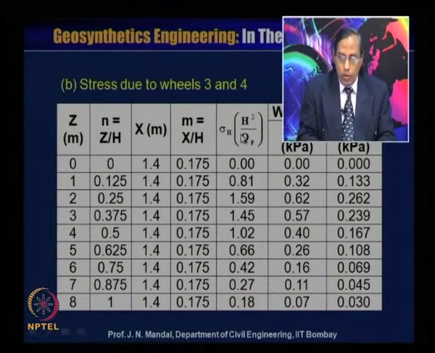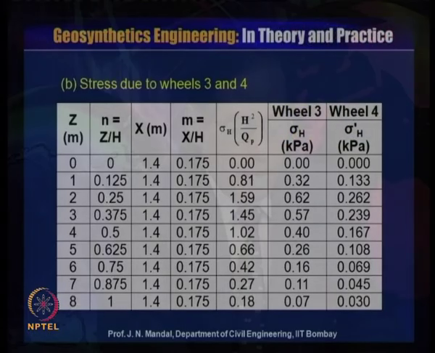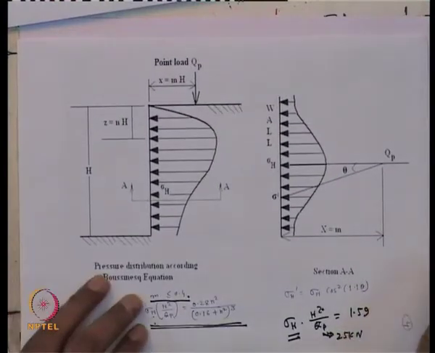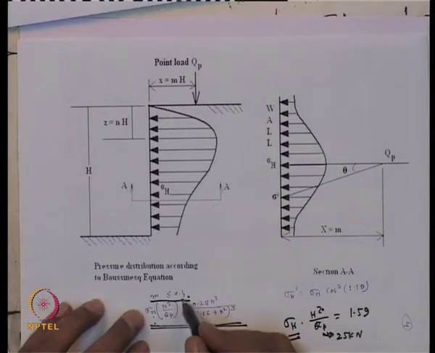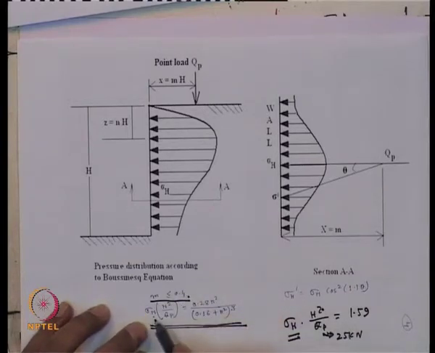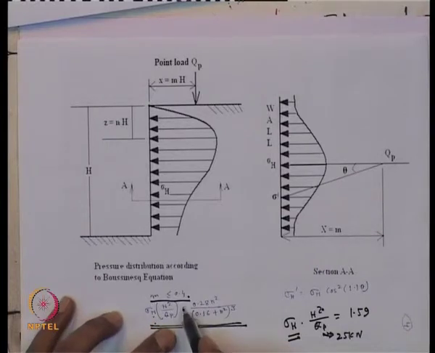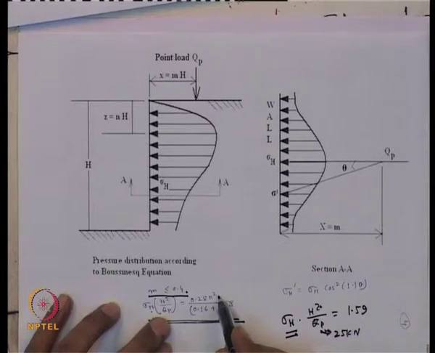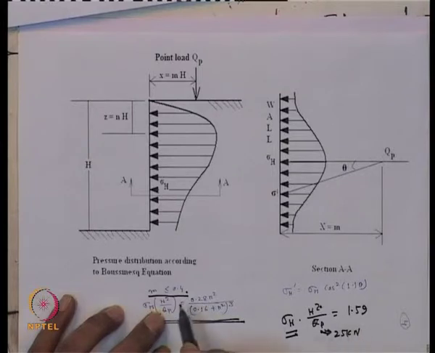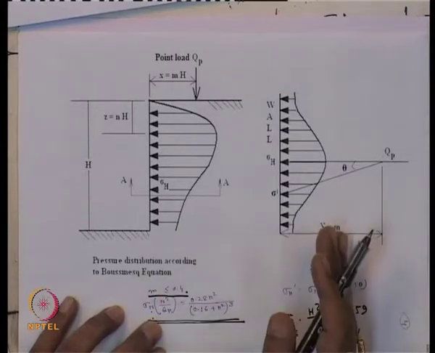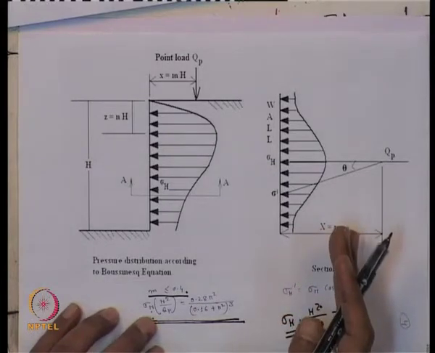We know from the earlier Boussinesq pressure distribution that if the m value is less than or equal to 0.4, sigma h H squared by Qp is equal to 0.28 n squared divided by (0.16 plus n squared) whole to the power 3. If the m value is greater than 0.4, then the equation is different, which I have explained earlier.